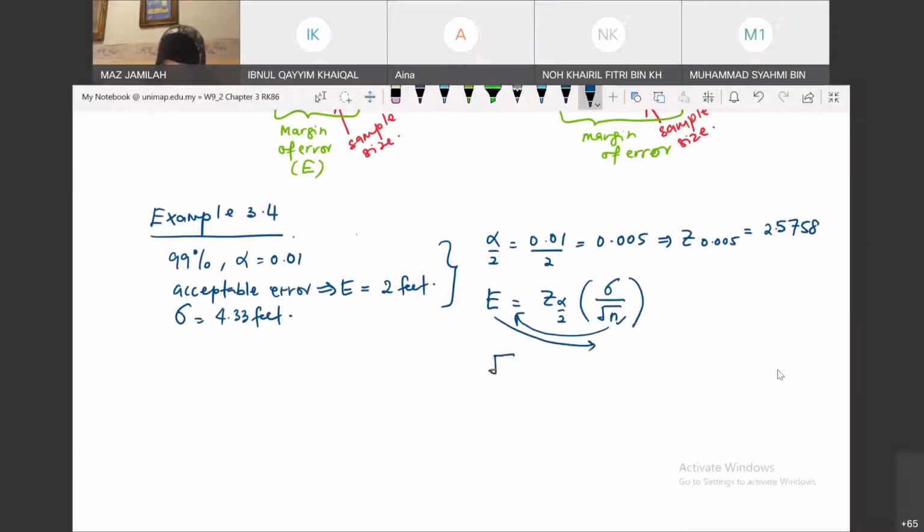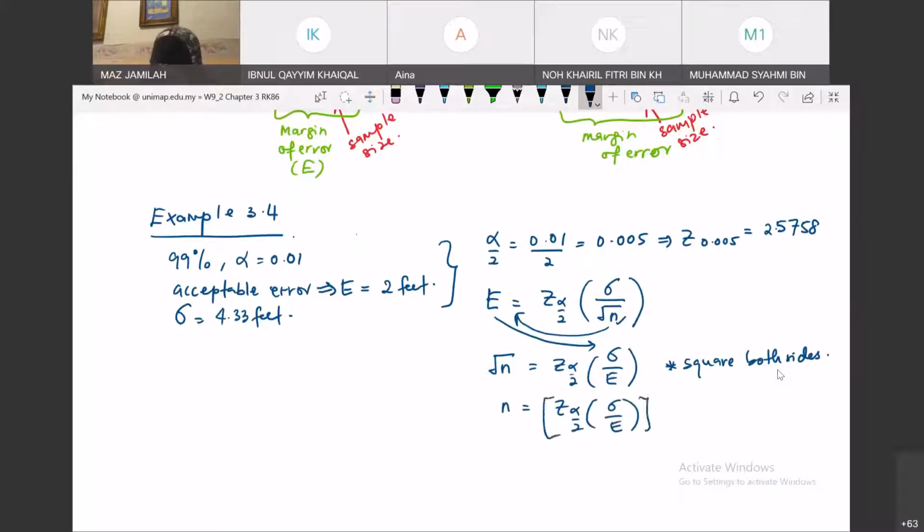So square root of n equals Z alpha over 2 multiplied with sigma over E. Since we have a square root here, in order to find n only, we square both sides. So we have n equal to Z alpha over 2 sigma over E, the whole thing squared.